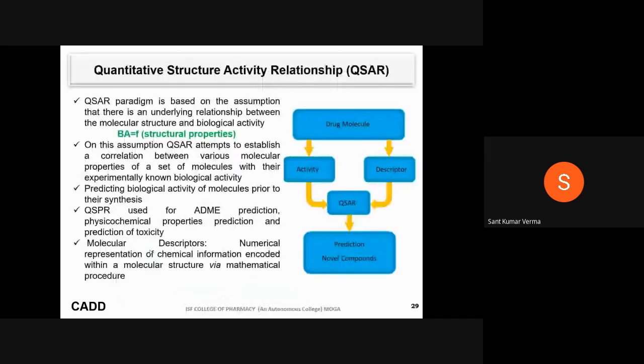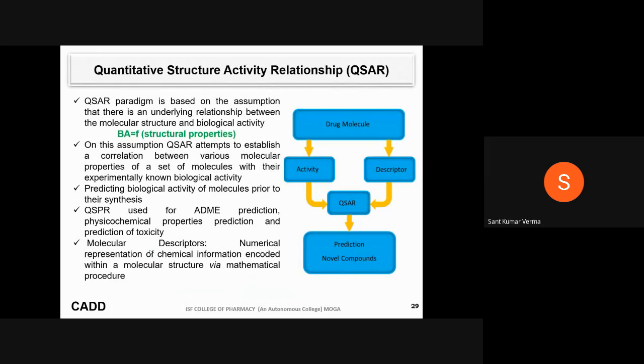Next approach is lead optimization, where we can use QSAR. QSAR is the approach to correlate the biological activity with the structural property of the molecule. Structural properties of the molecules are represented in the form of descriptors. Descriptors are the mathematical representation of the structural properties of the molecules. These descriptors may be 2D or 3D.